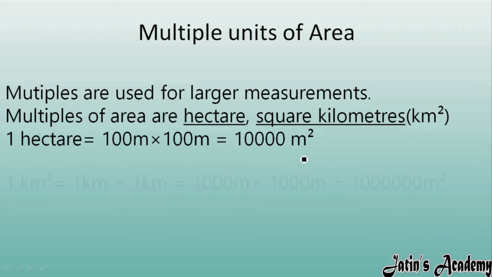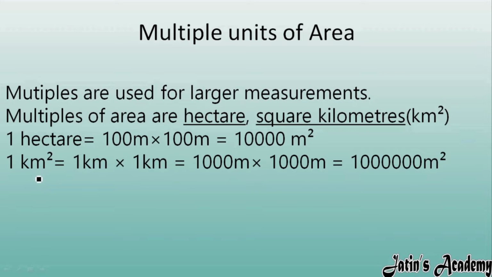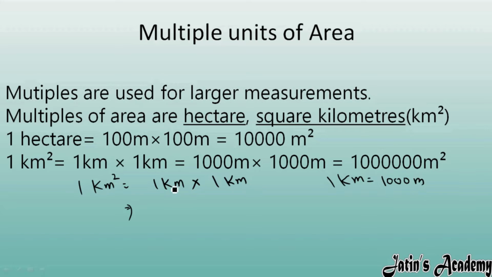Next we have the second relationship, 1 kilometer square. Can I write 1 kilometer square as 1 kilometer multiplied by 1 kilometer? Because it is the same: kilometer square means kilometer multiplied by kilometer. As we know, 1 kilometer is equal to 1000 meter.